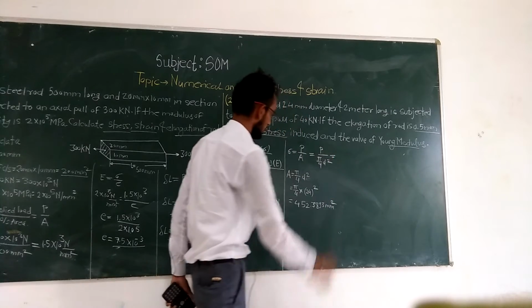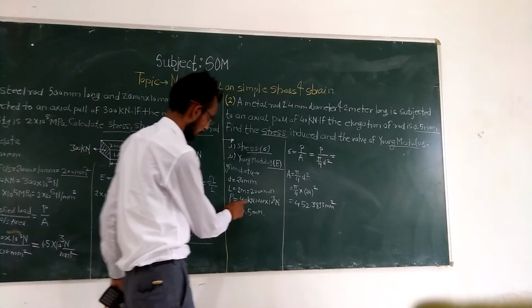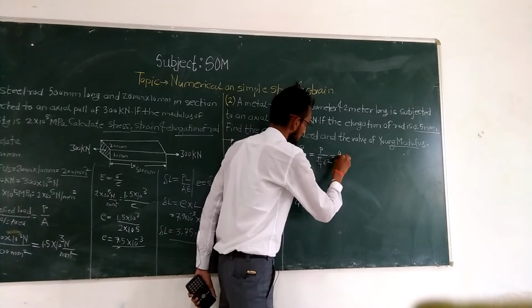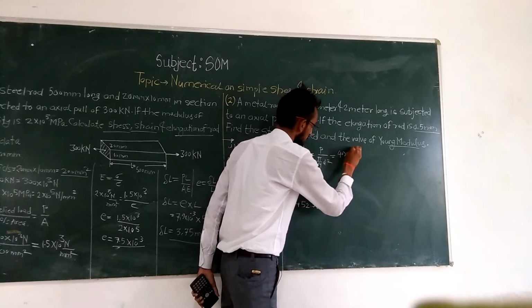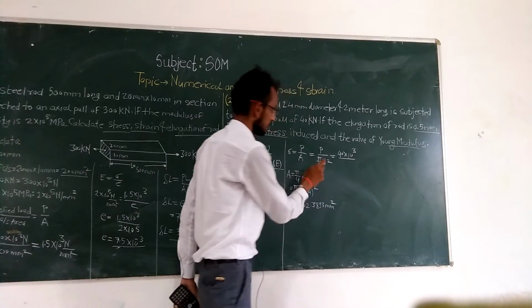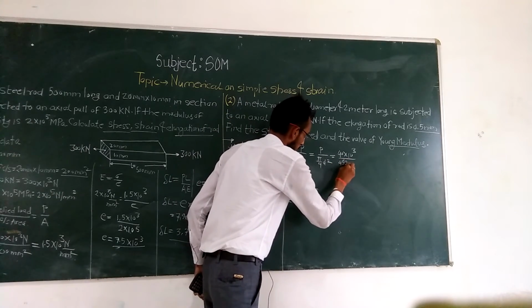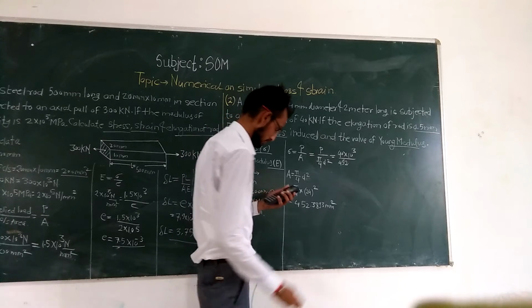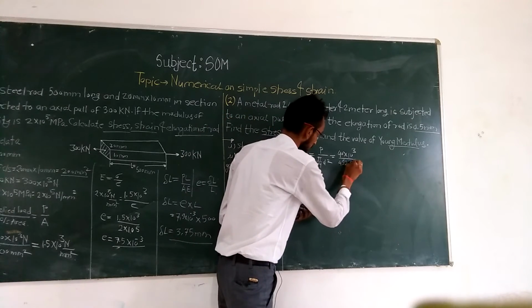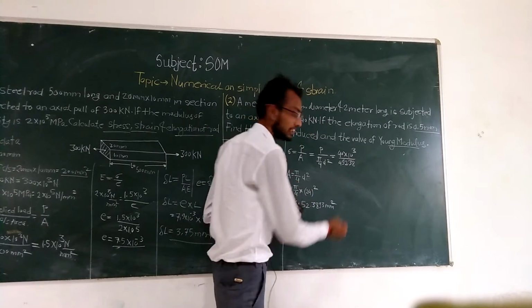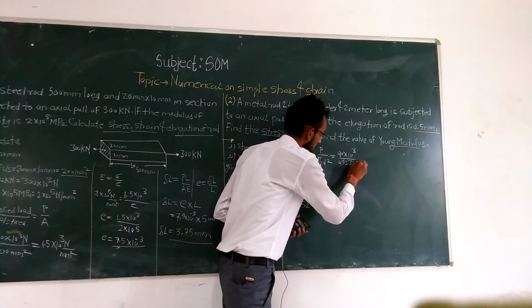What is the value of P? 40 into 10 raised to 3, divided by the area, 452.3893.